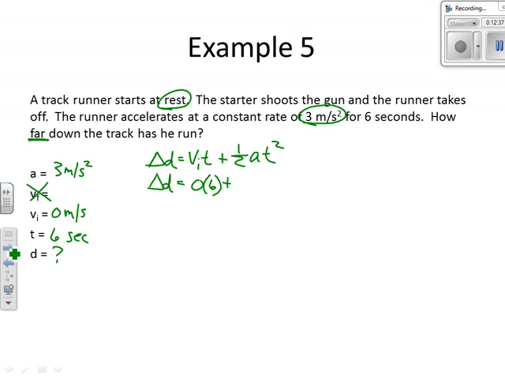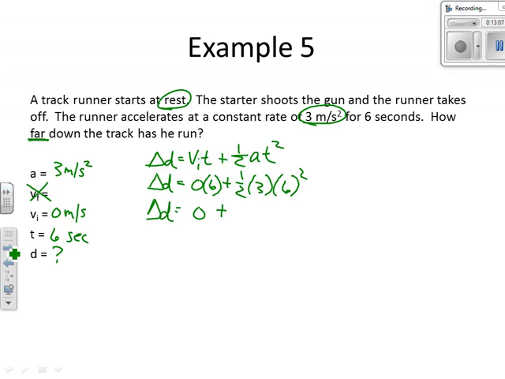Keep in mind, only the T is squared once you start using this equation. So it's plugging things in. My 0 was my initial velocity times 6, so that's my 0 times 6, plus 1/2 of 3 was my acceleration, and then 6 squared. So I've got 0, because 0 times 6 is 0, plus 1/2 of 3 times 6 squared.